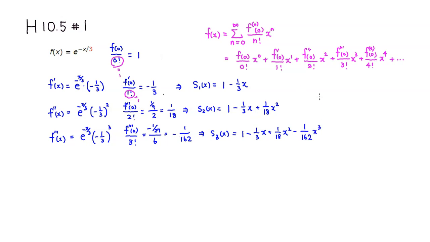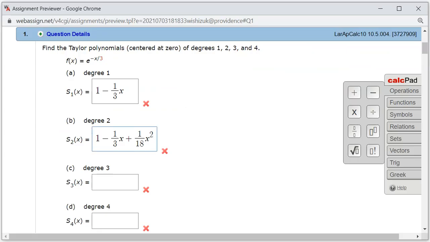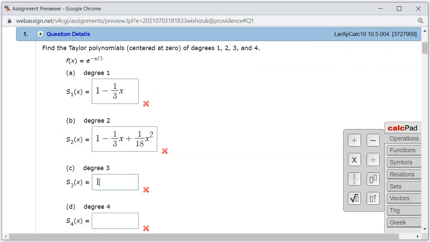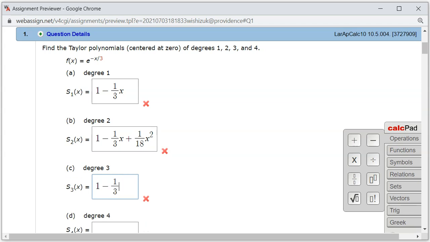So let's type it in: 1 minus 1 over 3x plus 1 over 18 x squared minus 1 over 162 x cubed. We just have to do one more.